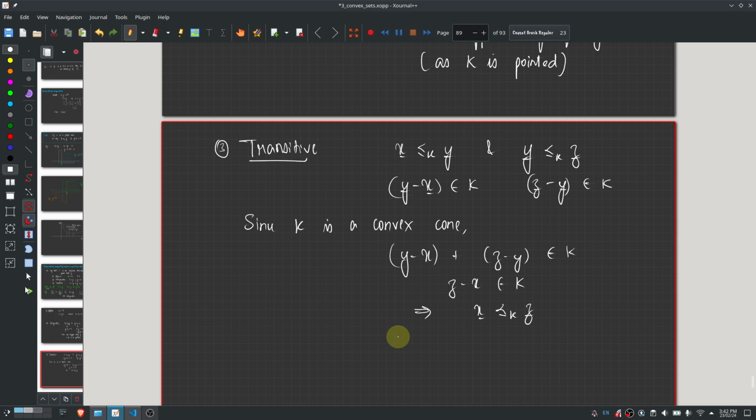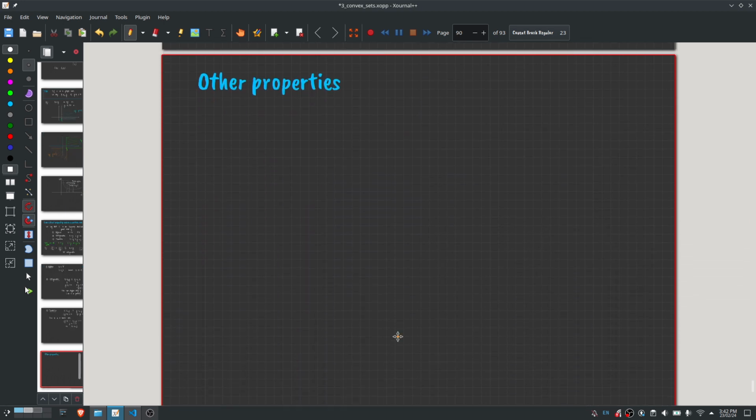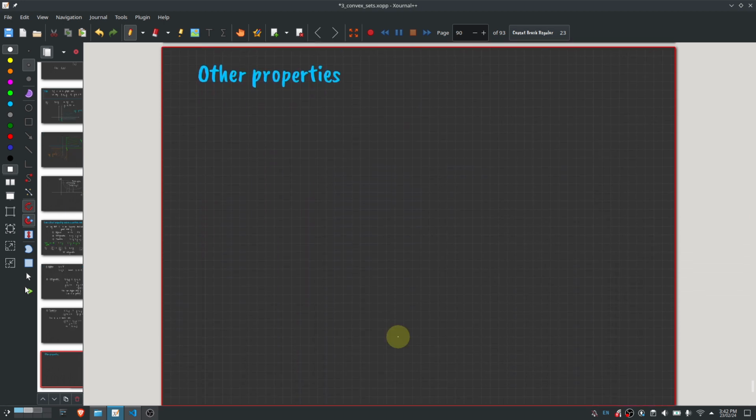Okay, but these generalized inequalities also satisfy some other properties that we naturally see in inequalities. One property is, suppose I have x less than or equal to y and let's say u is less than or equal to v.